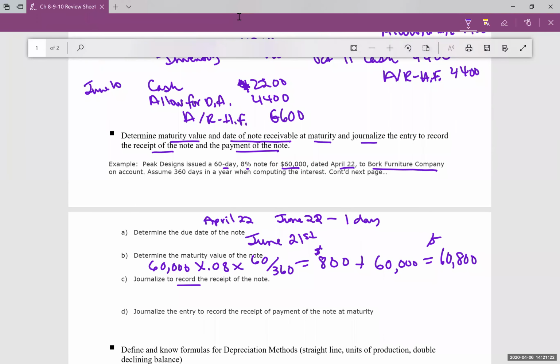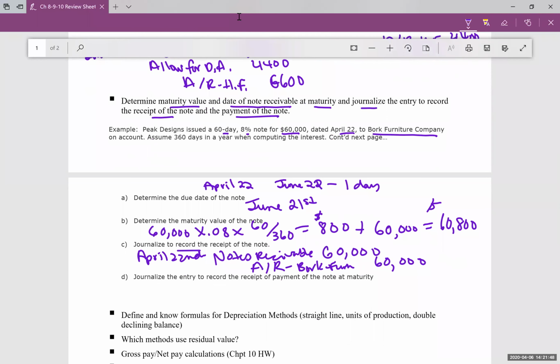And when you journalize to record the receipt of the note, which happens on April 22nd, you're going to debit notes receivable for just the amount of the face value, $60,000, and you're crediting the AR for Bork Furniture. You're basically taking it out of their AR and you're putting it into a notes receivable.